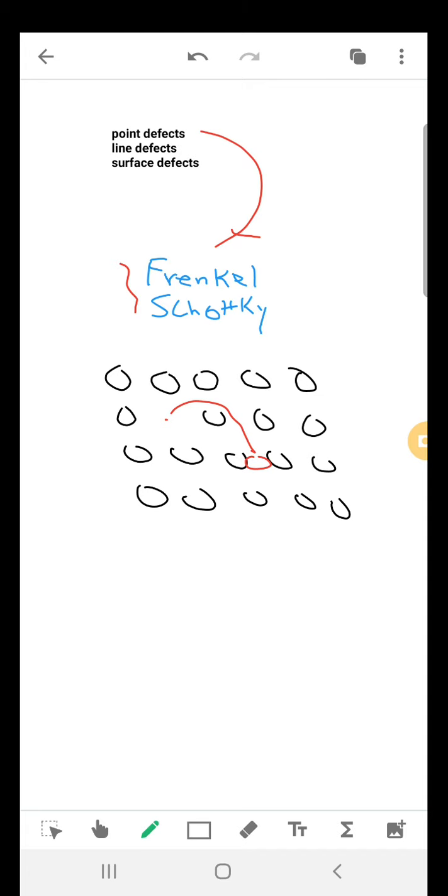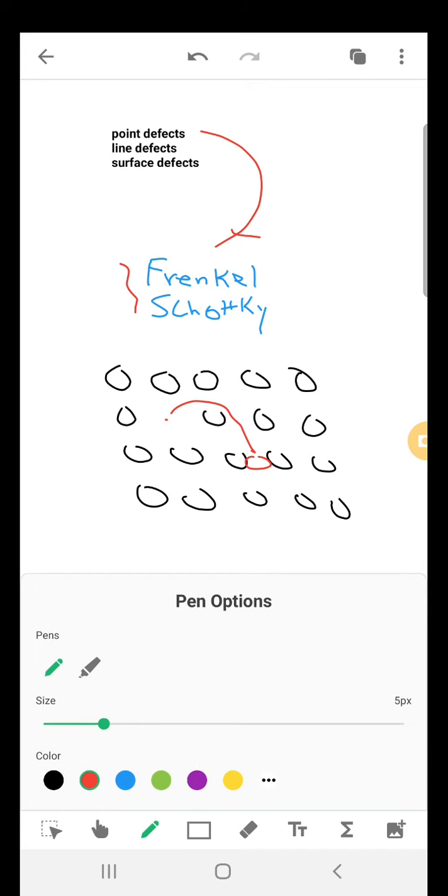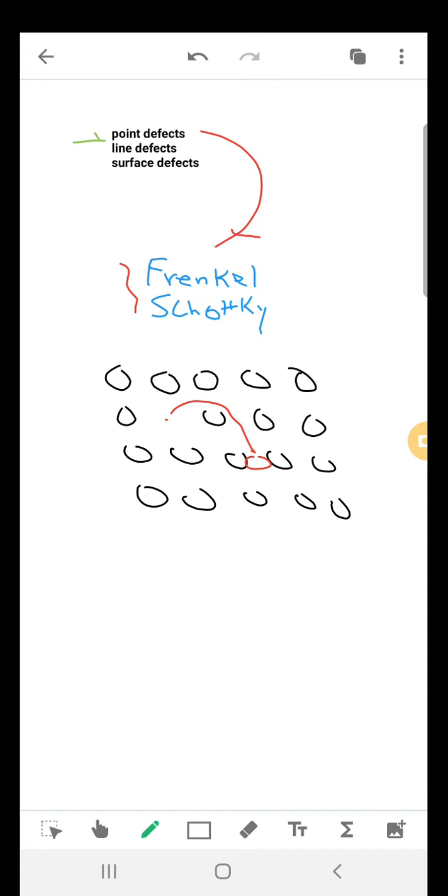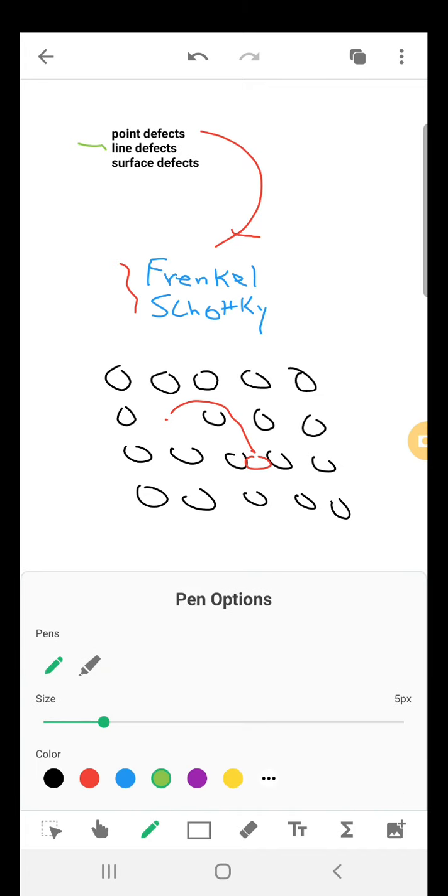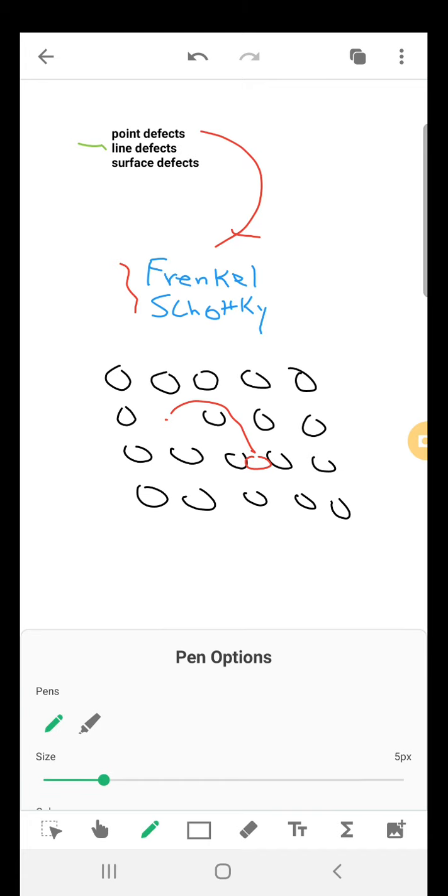In comparison to that, when we are trying to explain the line defect, a line defect is the absence of a set of atoms. Say you have atoms arranged in this fashion.